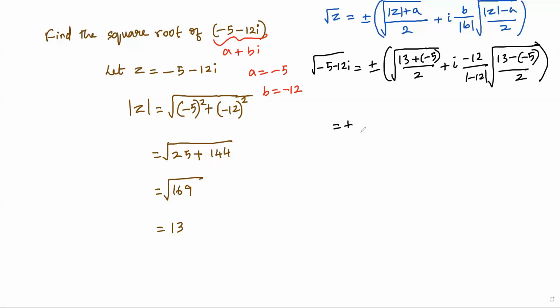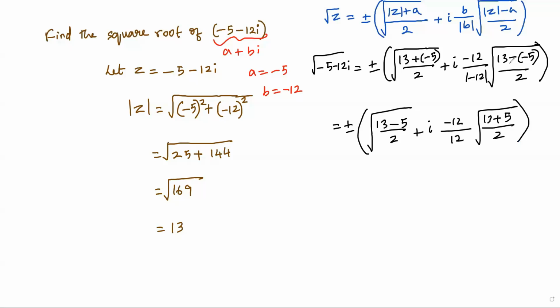So positive or negative, square root of 13 plus negative 5 over 2, plus i times negative 12 over the absolute value of negative 12, which is just positive 12, square root of 13 plus 5 over 2, because negative times negative will become positive.